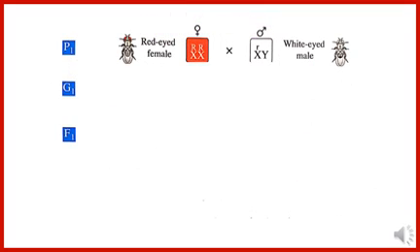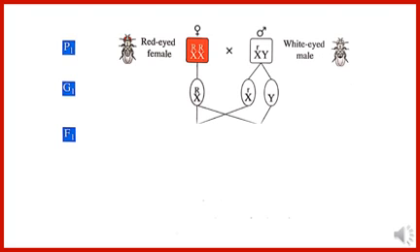We are going to represent Morgan's experiment by using letters. A red-eyed female, XX, carries the dominant trait of red eye color, R capital, R capital. The white-eyed male, XY, carries the recessive gene on the X chromosome only. When the parents make their gametes, the female will have only one kind of gamete, X that carries R capital, and the male has 2 kinds of gametes, X with R small and the Y gamete.